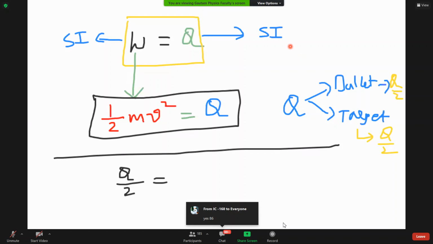It is just a moving body, so it is kinetic energy. So half mv square is kinetic energy, equal to Q. Of this Q, half is used for increasing the bullet temperature. Heat energy for increasing the bullet temperature means m s delta theta.